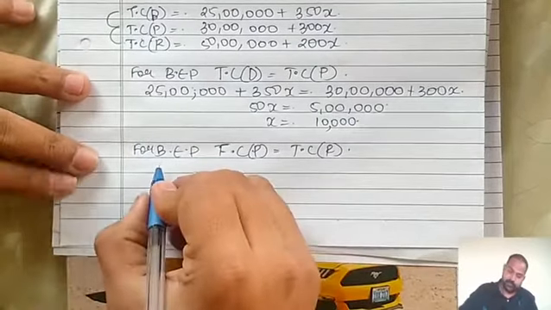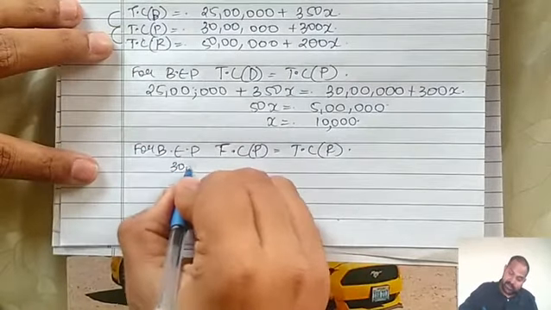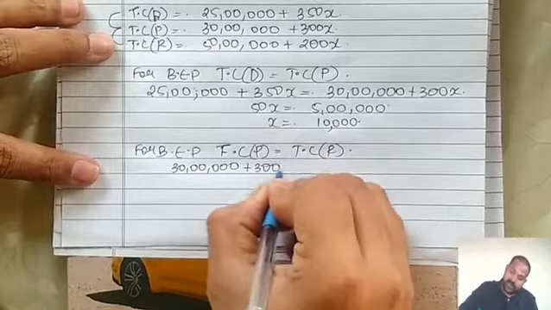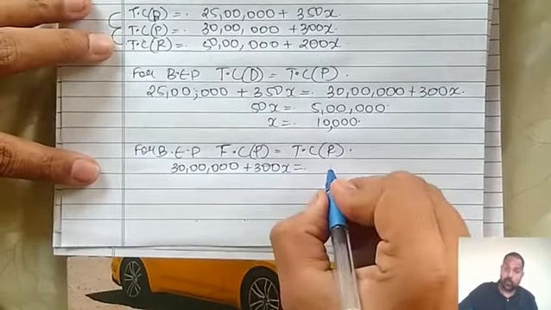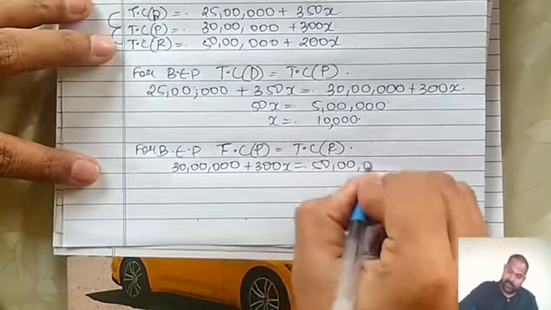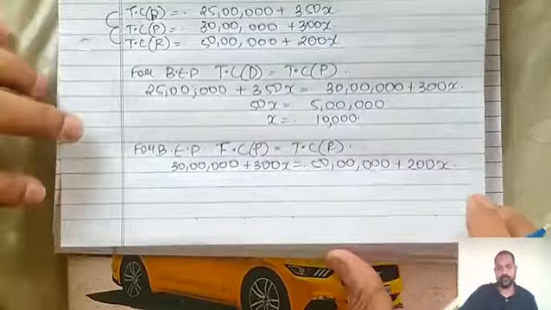Let's continue. The total cost of Patna is 30 lakh plus 300x, which should be equal to the total cost at Ranchi, which is 50 lakh plus 200x.